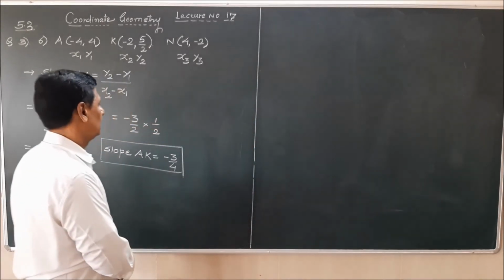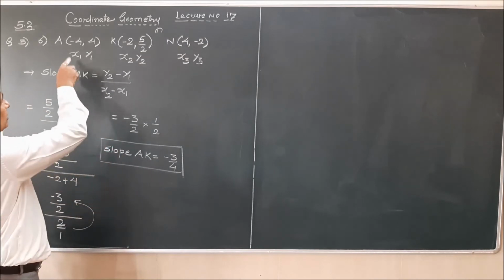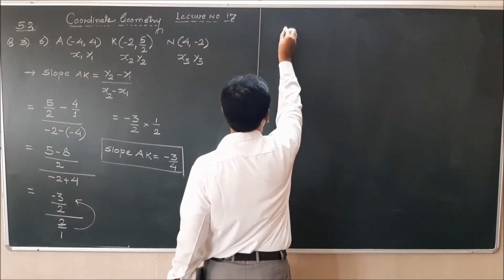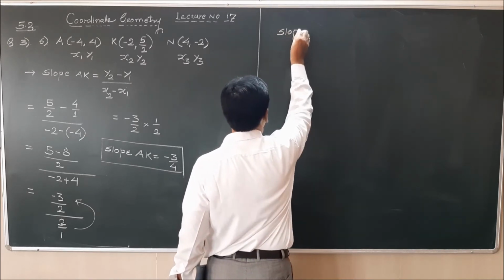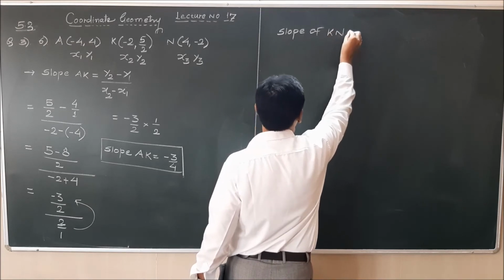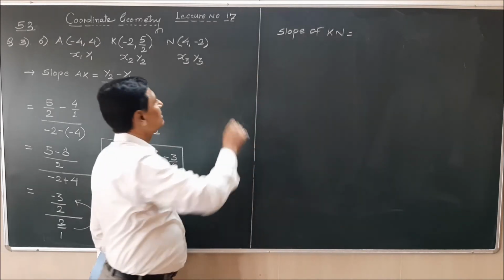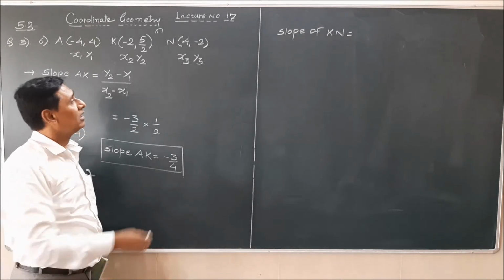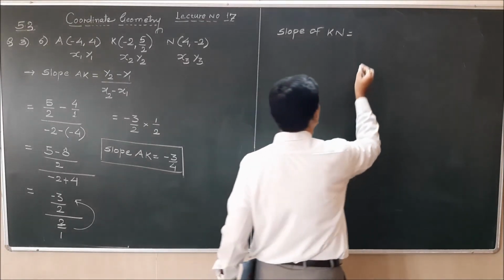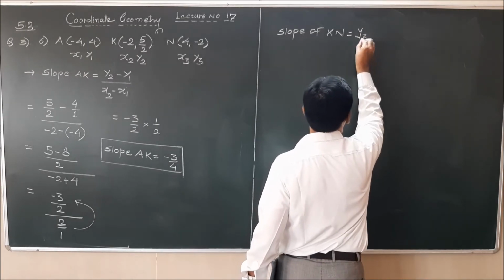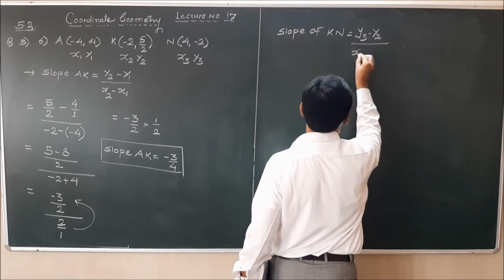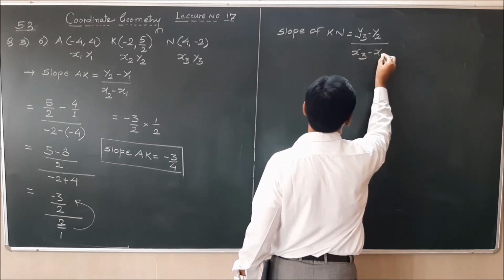So next to that, slope of AK we got, slope of Kn. The next point is n, coordinates of n are x3, y3. So y3 minus y2 upon x3 minus x2.